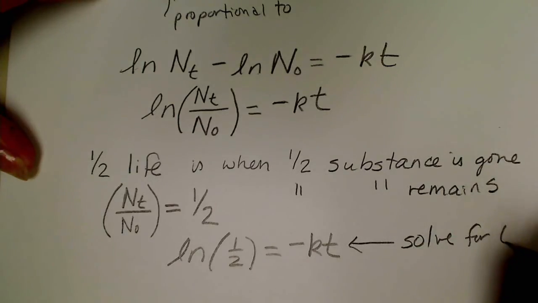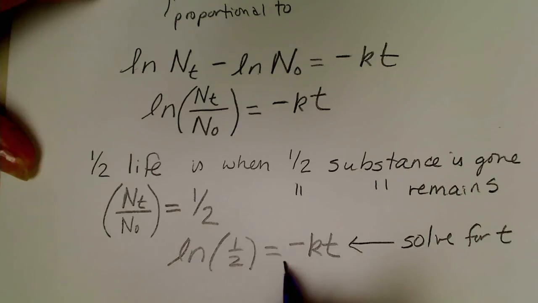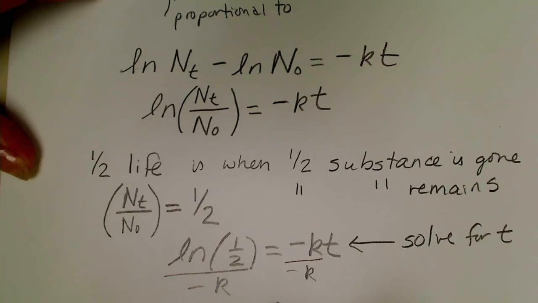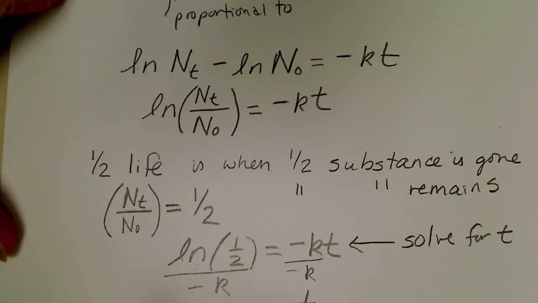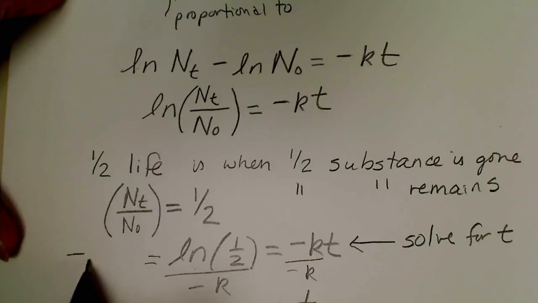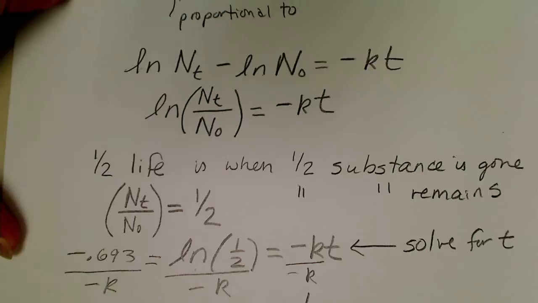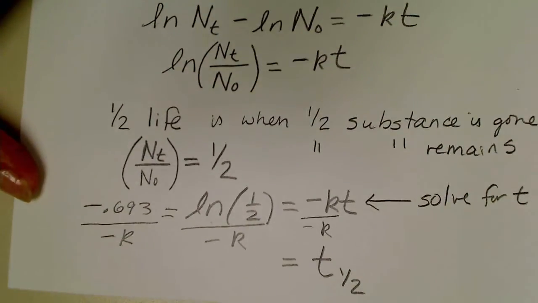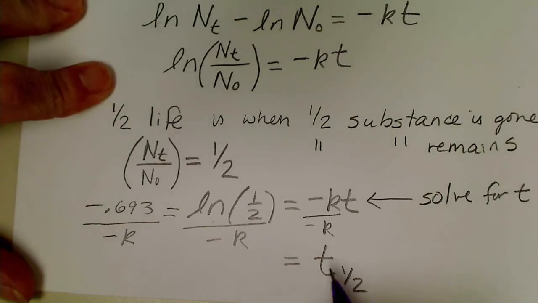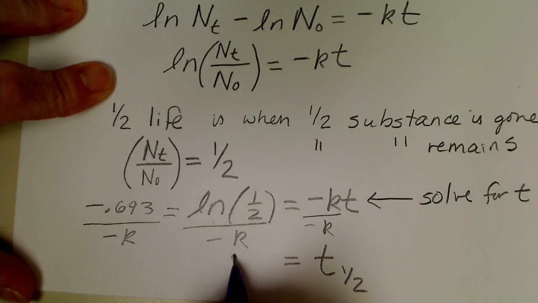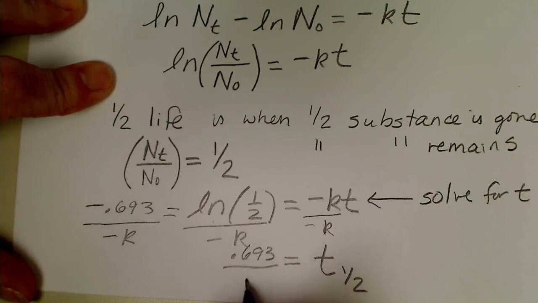So if we solve for t, then we're going to divide both sides by negative k. And when we do that, we'll write t 1/2. If we take the natural log of 0.5, this is going to be negative 0.693 divided by negative k. And there's no reason to have two negative signs in a formula, so these two negative signs cancel, and t 1/2 is equal to 0.693 divided by k.